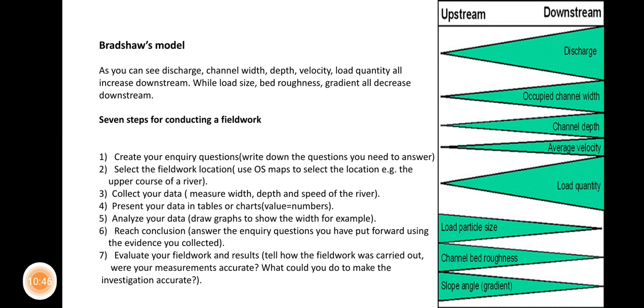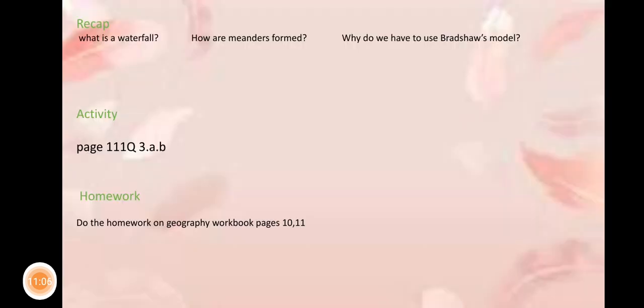What could you do to make this investigation more accurate? You need to put all this information so that it can help other researchers or other geographers to come and work on your findings. Okay, that's Bradshaw's model in general.